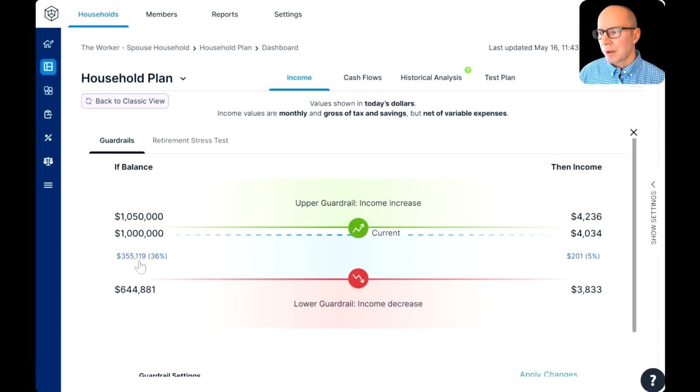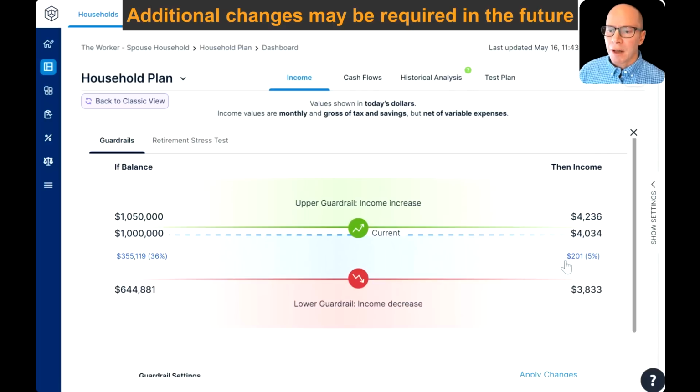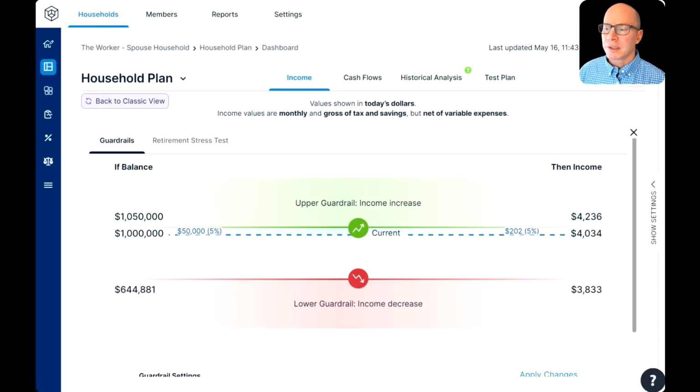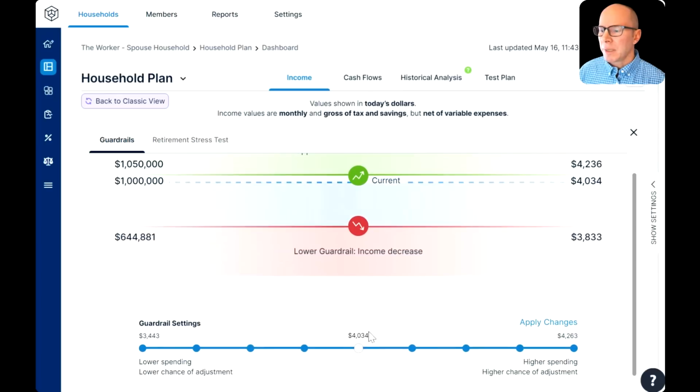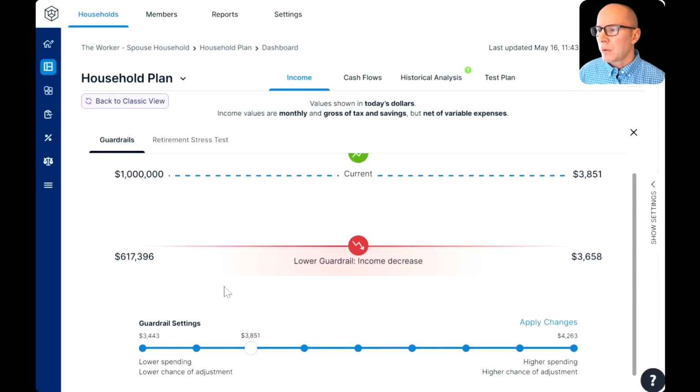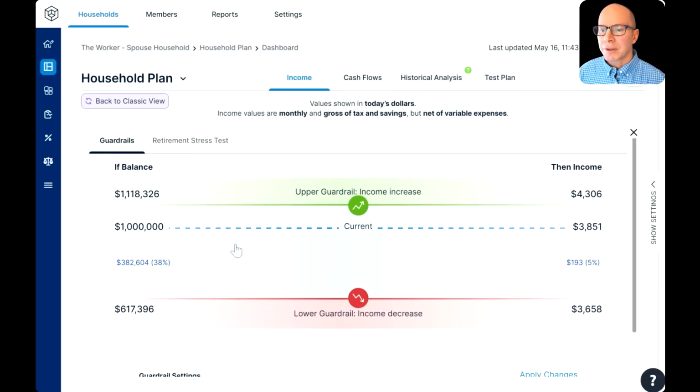If it goes down by $355K or a 36% dip, then you would need to cut your spending by $200, which is roughly a 5% decrease. But if the market goes up, then you could presumably increase your spending by a certain amount. And you can be more or less aggressive here if you want, and widen those guardrails, making the adjustments behave a little bit differently. But the point being, you can figure out exactly at what point, and you can start to see it coming, at what point you're going to need to change your spending.